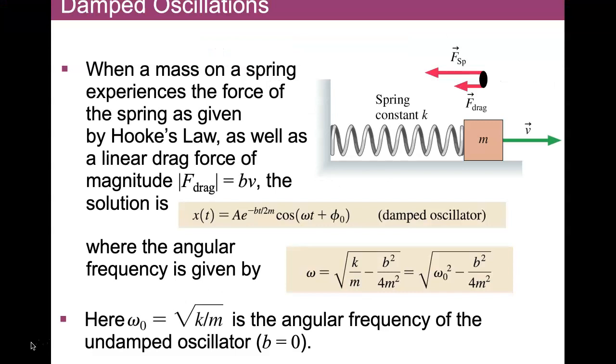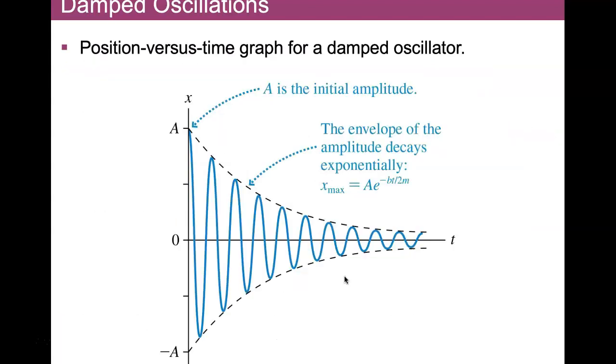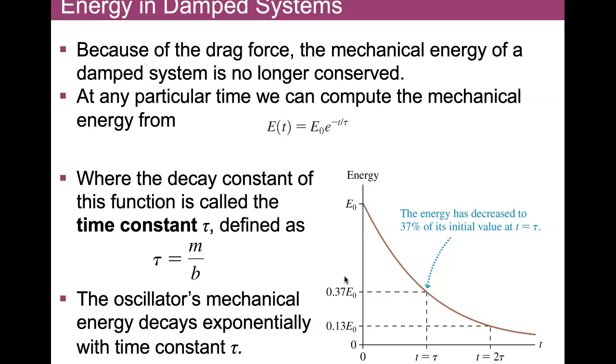All right, so let's take a look at a couple of slides basically summarizing what we were talking about. So if you have this drag force, that's the solution. Omega goes down. This omega naught squared, k over m, is just the angular frequency in the absence of damping. And that's the overall shape. There's an envelope for the amplitude, so the amplitude goes down as time goes on. And this is the exponential decay of the energy, which we talked about, right?